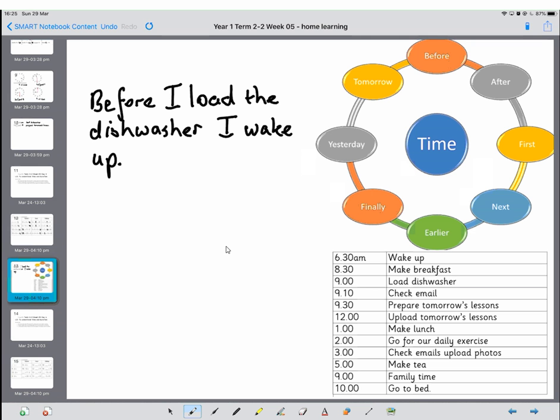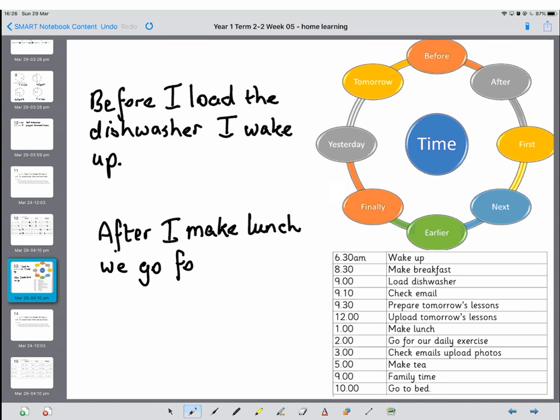So after I make lunch, I go, in fact I'm going to change that to we because it's all of us who do this. We go for our daily exercise.